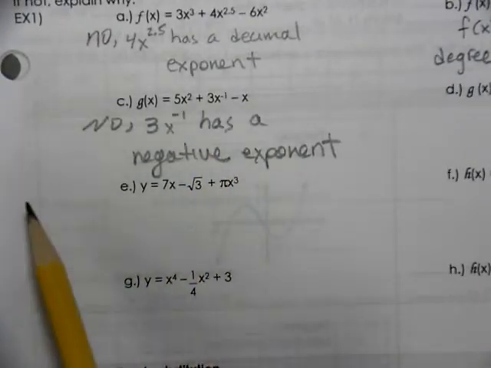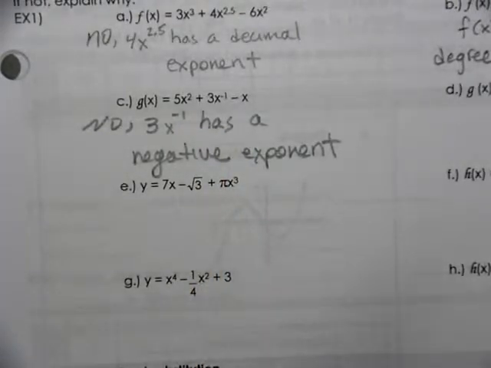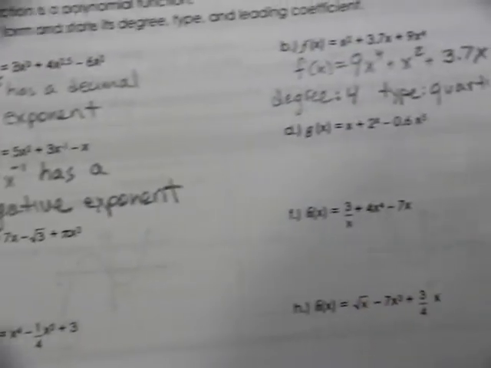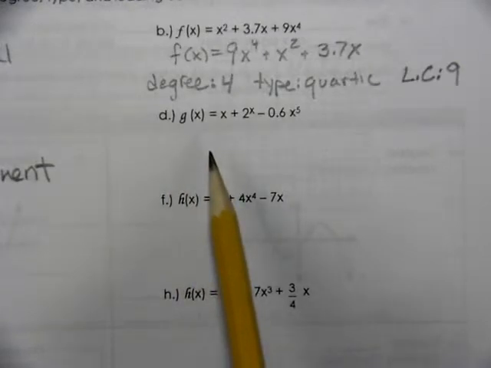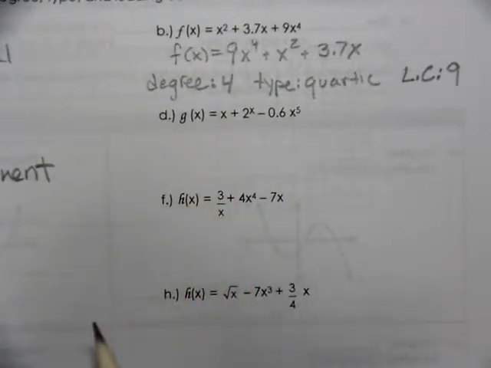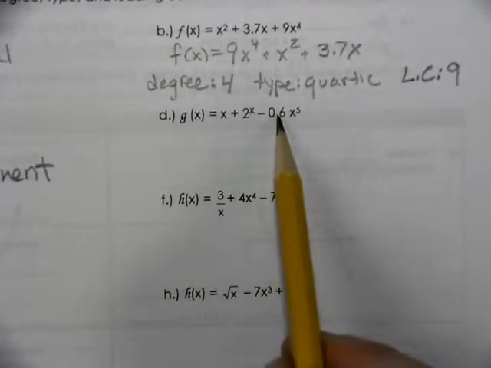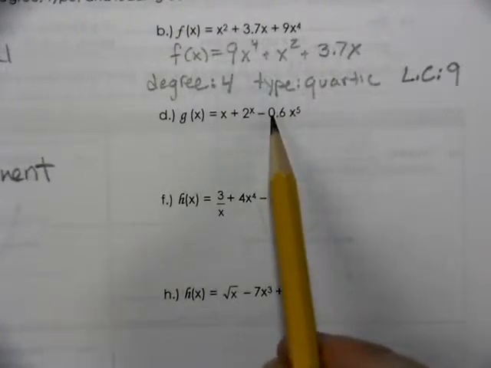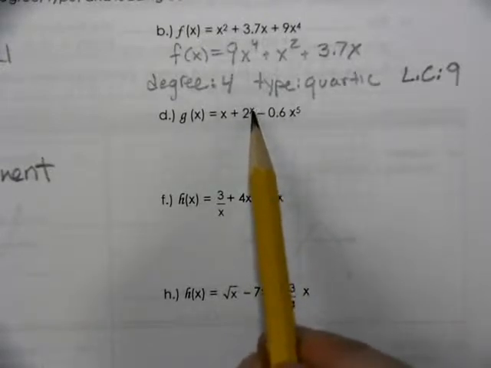The graph would not be a consistent graph working from the left all the way through the right. There would be a number that it couldn't equal. What do we think about letter D? Is this a polynomial? It's okay to have 0.6 as a coefficient, but you can't have a variable as an exponent.